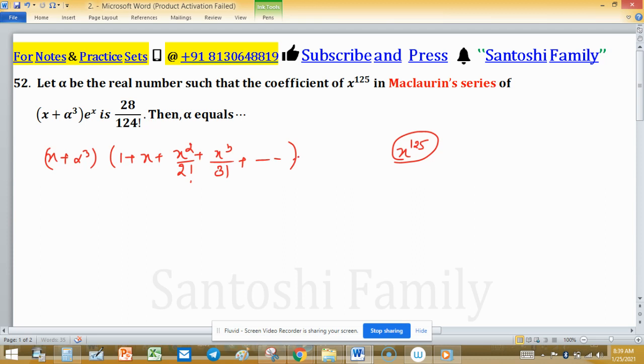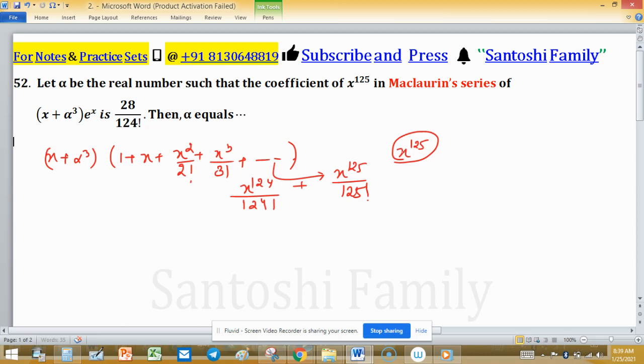How do we get x raised to the power 125? Suppose here we have x raised to the power 125 upon factorial 125, and the previous term will be x raised to the power 124 upon 124 factorial.